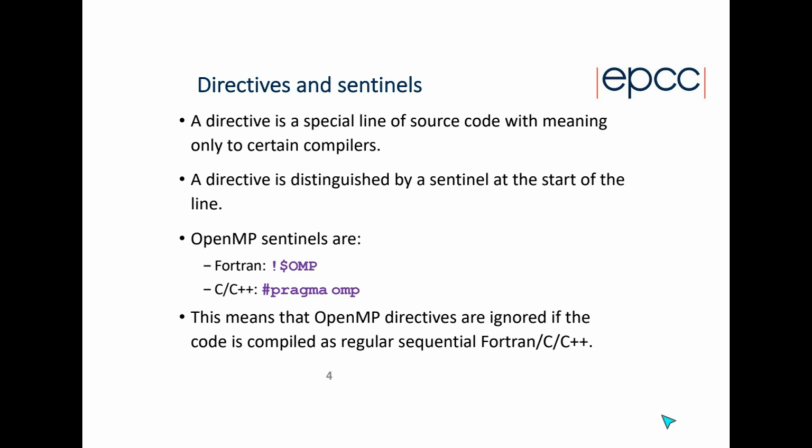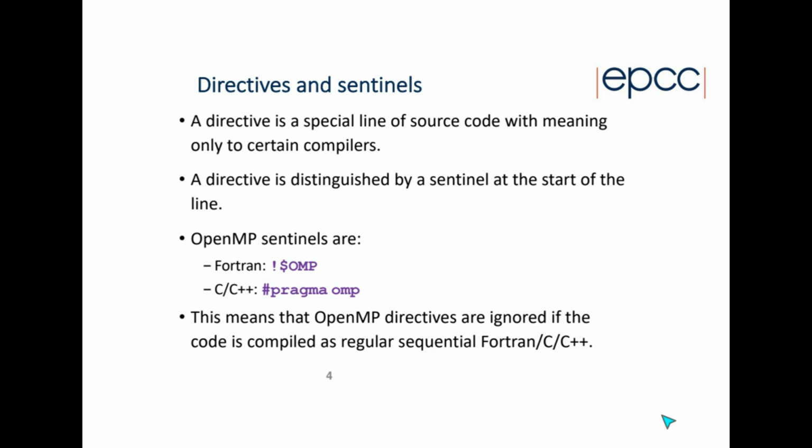The sentinel is just the sequence of characters which says this is an OpenMP directive and not a statement in Fortran, C or C++. So for OpenMP, the sentinels are, for Fortran, !$OMP, and for C and C++, #pragma omp.